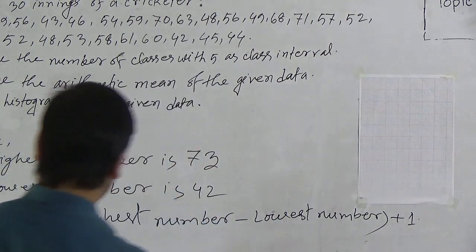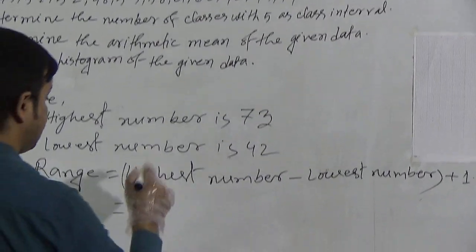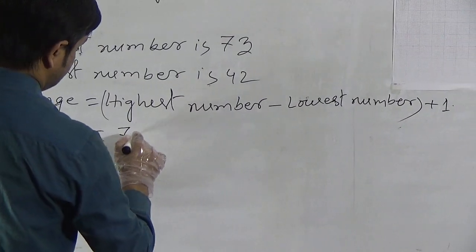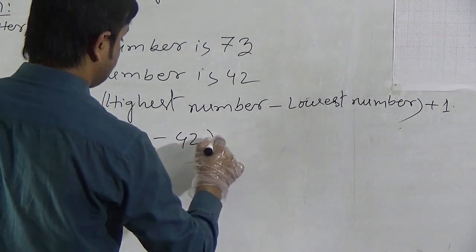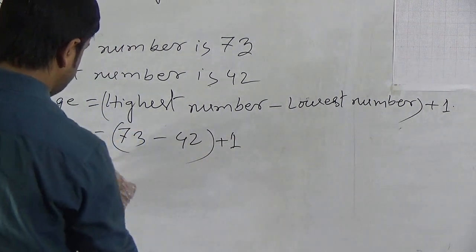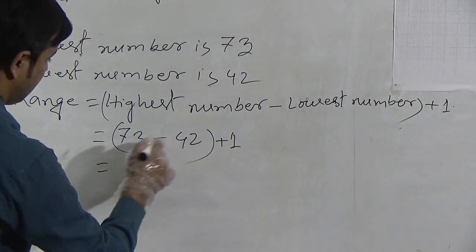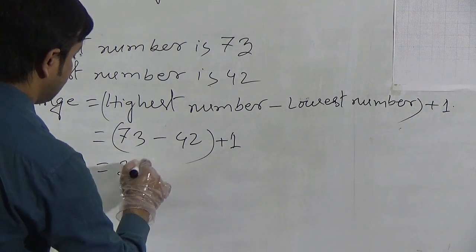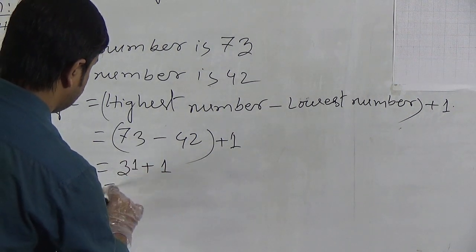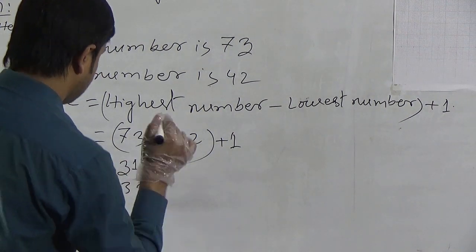This is the formula of determining the range. Here highest number is 73, lowest number is 42. If we subtract then add 1, after subtraction we will get 31. 31 plus 1, that means 32.